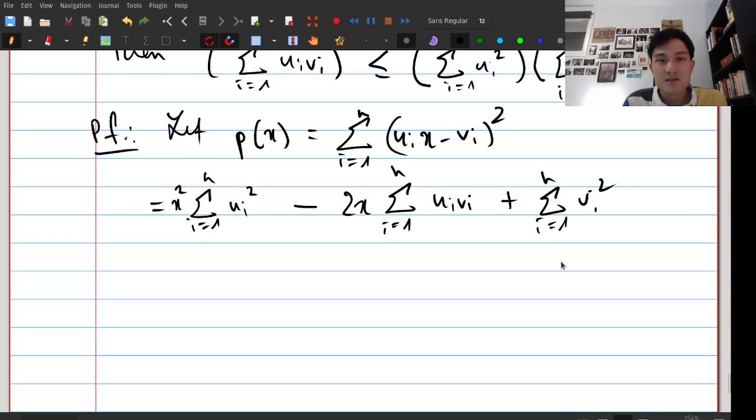But this polynomial is a sum of non-negative things. Each term is a difference, so it could be positive or negative, but then you square it, so it's non-negative, and you're summing n non-negative things up.